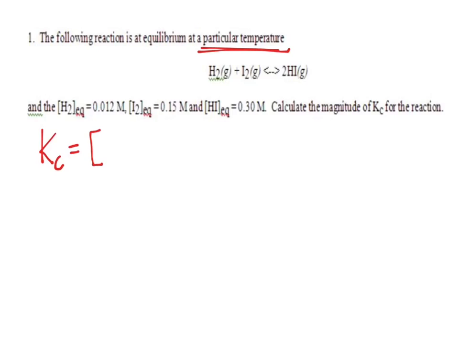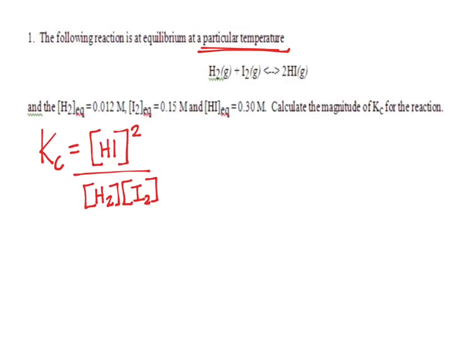So the concentration of HI to the second power over the concentration of H2 to the first power times the concentration of I2 to the first power. So that would be 1 point out of the question.